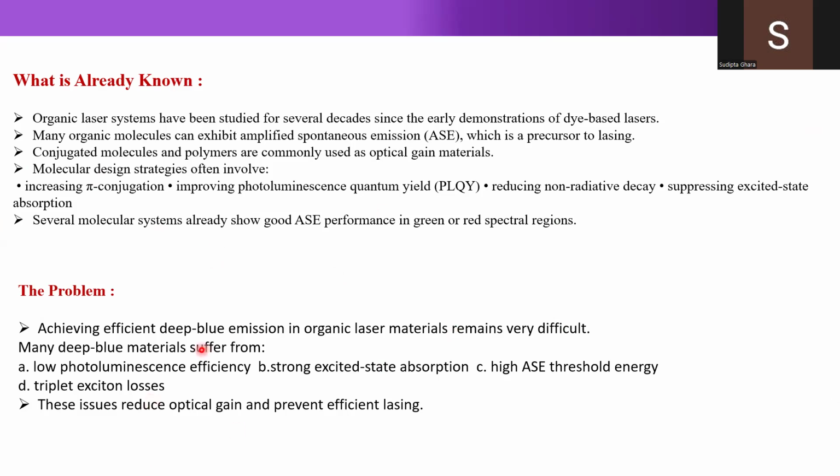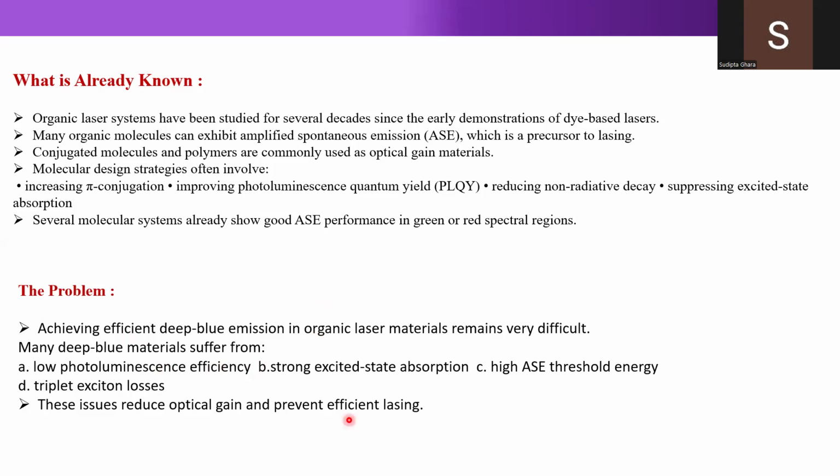achieving efficient deep blue emission is quite difficult, and deep red emission is also difficult. People are trying to focus only on the conjugation length, but at the same time people forget about the oscillator strength of the molecule.